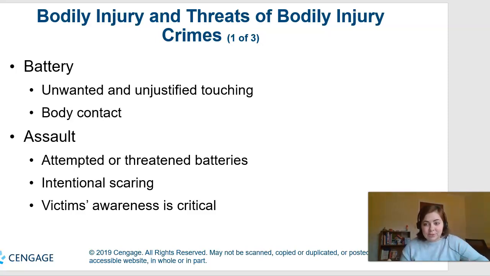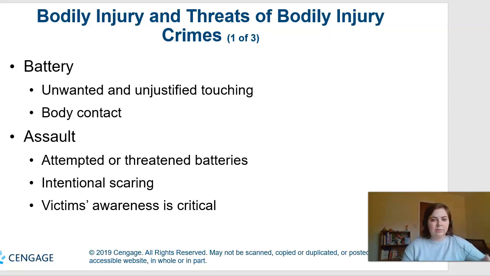Battery has to have an injury. It can be a minor physical injury, it can be emotional distress, and we'll note that batteries are largely misdemeanors in most states. If the battery causes a serious bodily injury, then it would be a felony. But for those minor injuries, misdemeanor; serious bodily injury, felony.